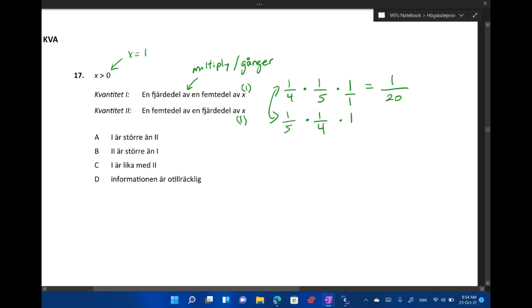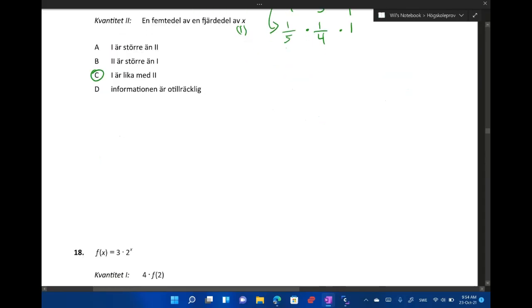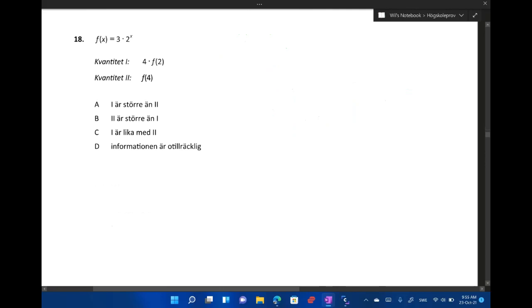So therefore, we're going to say they are both the same, because if x is any number, taking a fifth of a fourth of that is the same as multiplying by a fourth of a fifth. So we're saying they're the same. C.